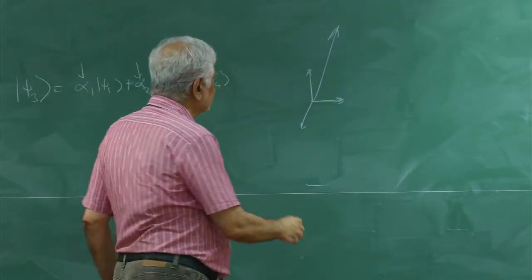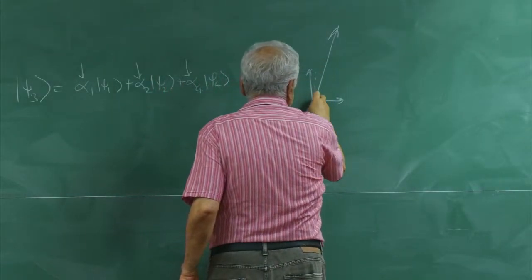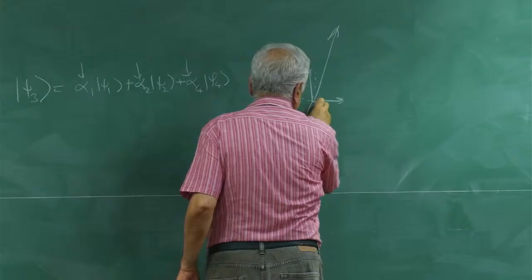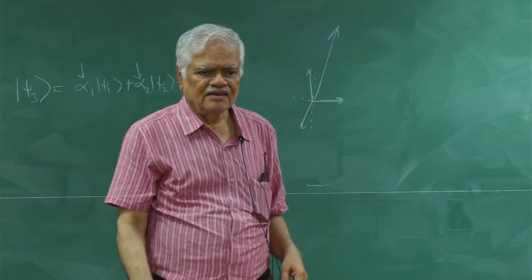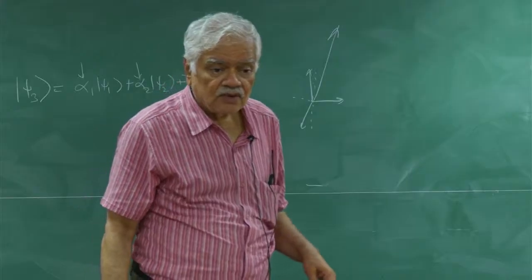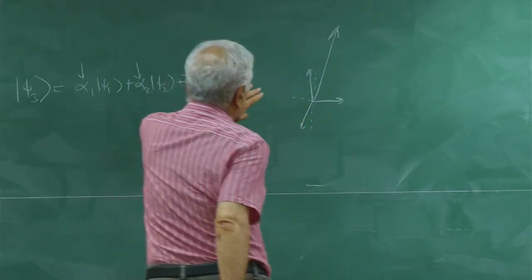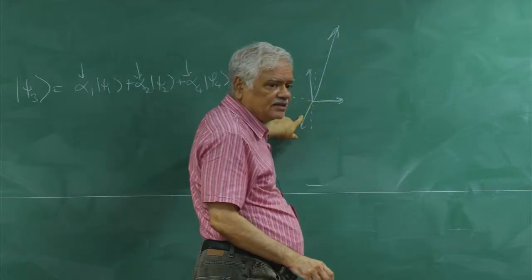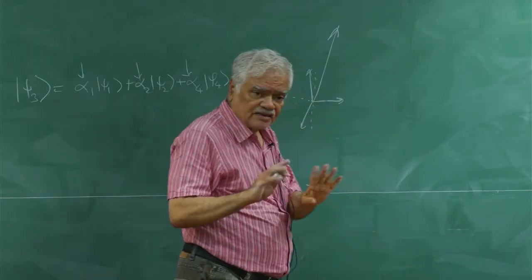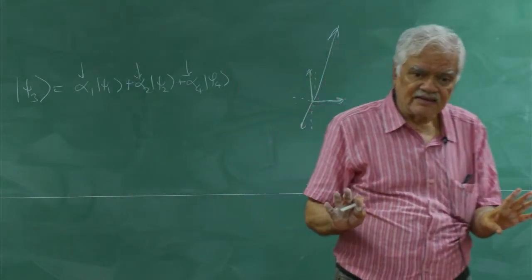And suppose I rotate this basis slightly, you get another basis. This vector is linearly dependent on these, but these three vectors are linearly independent.